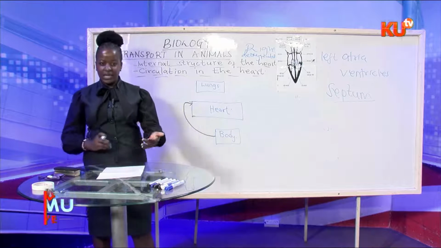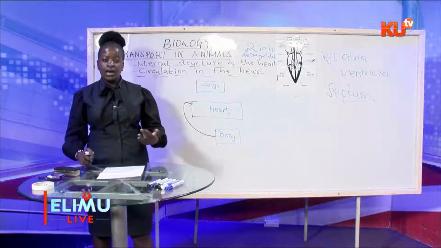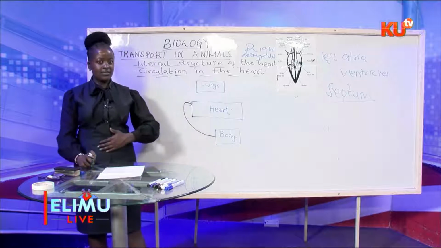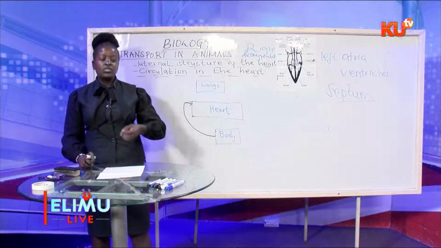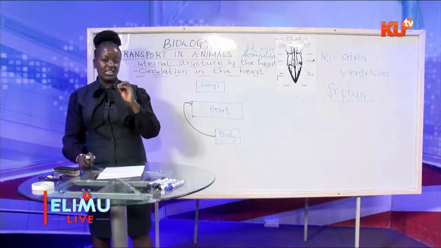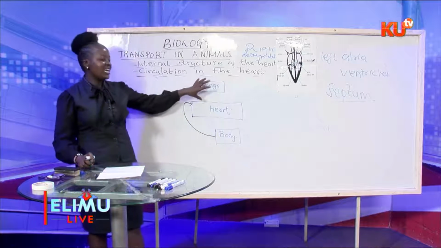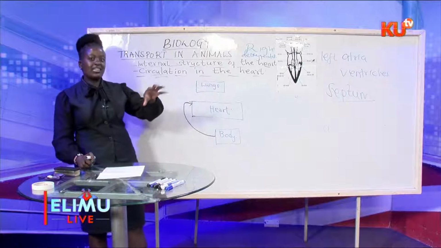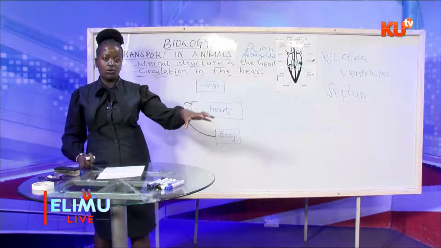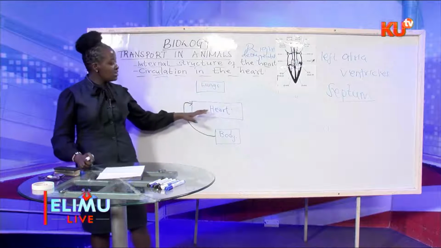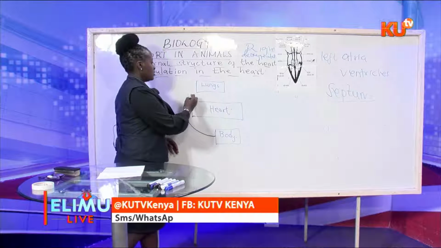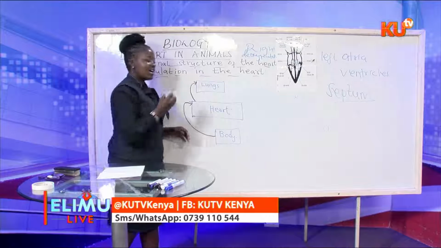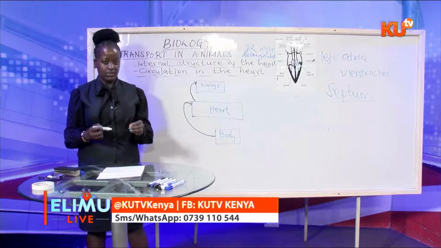So what happens is an exchange. Carbon dioxide is given out and oxygen is taken in. So this deoxygenated blood is transported from the heart to the lungs so that it can gain oxygen.